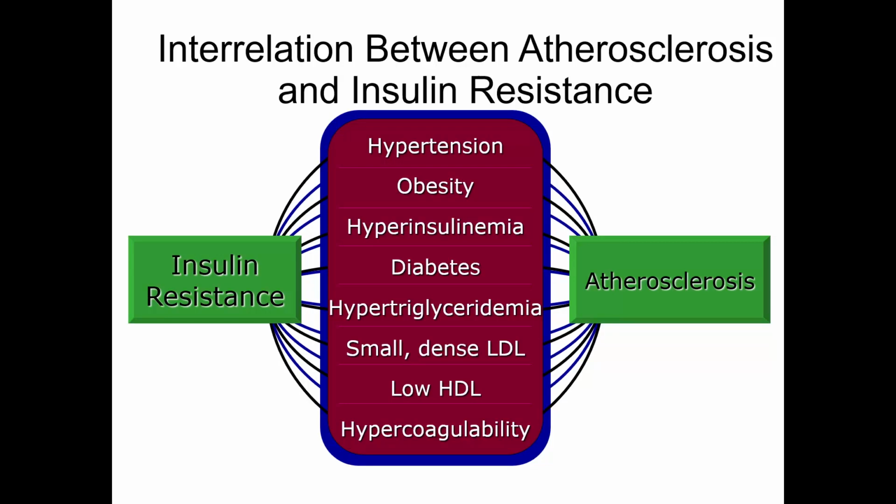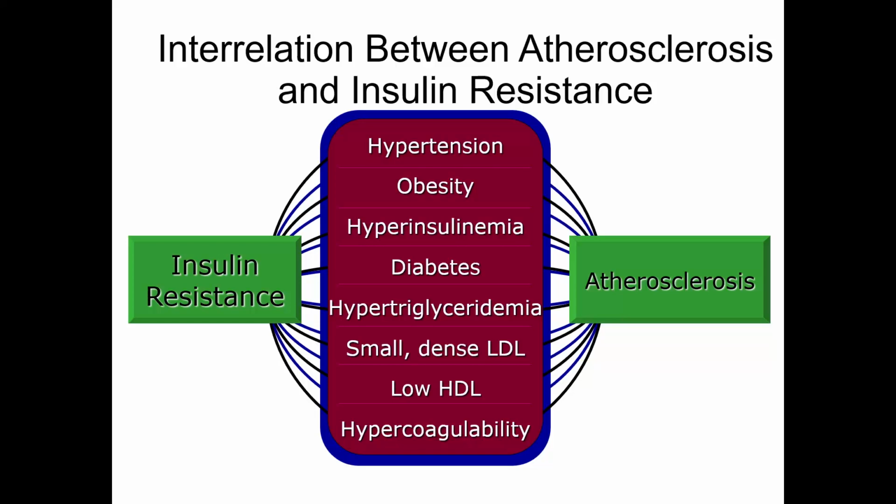There is an interrelation between atherosclerosis and insulin resistance. So atherosclerosis is when we have plaques accumulating inside of the blood vessels that increase blood pressure. Insulin resistance and atherosclerosis are all related to hypertension, obesity, hyperinsulinemia, so that's producing too much insulin, diabetes, hypertriglyceridemia, too many triglycerides, small dense LDL.